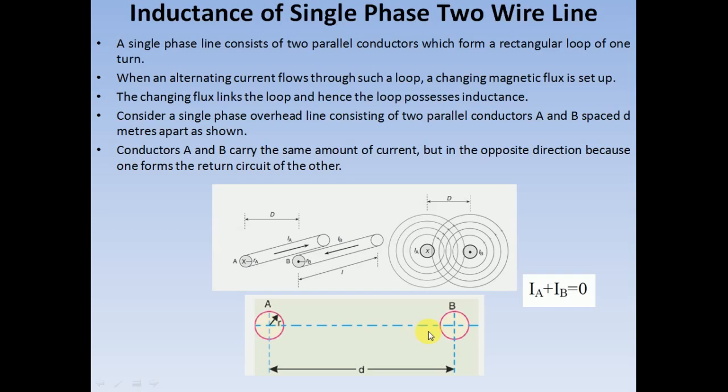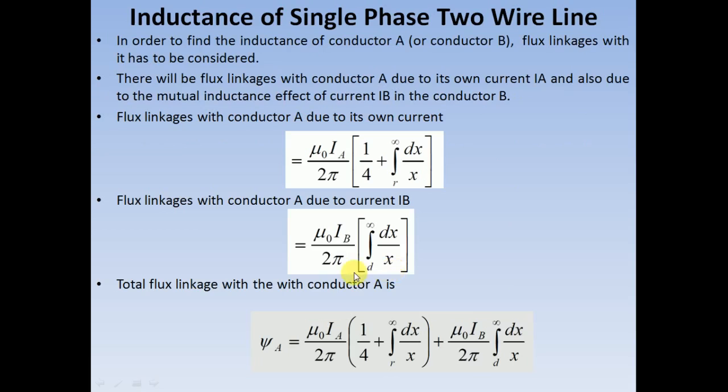But that complete portion of external flux from R to infinity won't link with conductor A. Only that portion of the external flux of conductor B which extends from D to infinity will be linking with conductor A. Therefore, while writing the flux linkage with conductor A due to the current flowing through conductor B, we are considering the limits of integration from D to infinity.